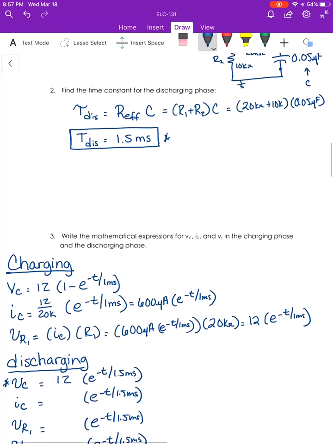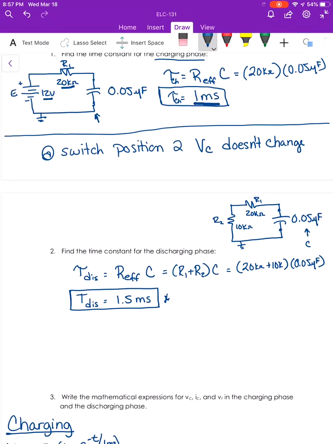Now, what would the current start out as here? Okay, so this is our discharging circuit, and if we're starting with 12 volts here, that's going to drive current in this counterclockwise direction. So right at t equals 0 of the discharge phase, our current is going to be that 12 volts divided by the resistance of the circuit, which is actually 20K plus 10K in this case.